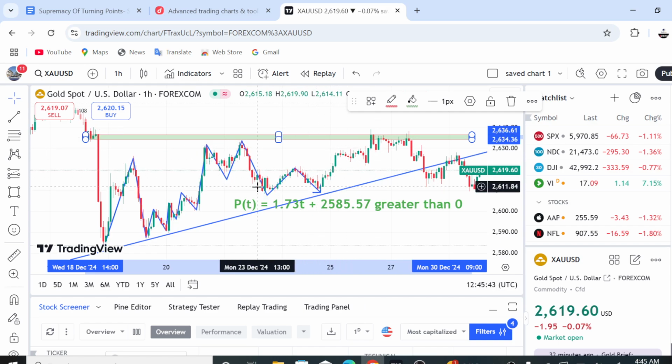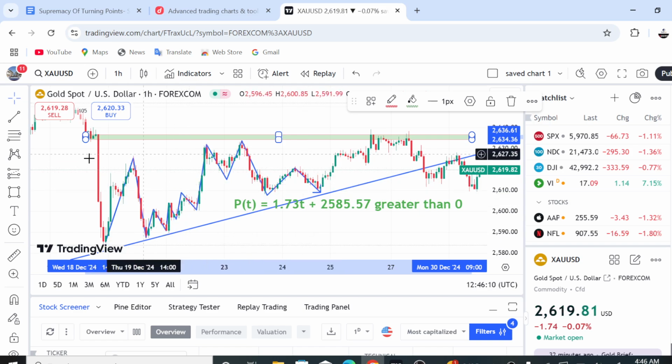Now what I'm trying to say is, since this market failed to take out this low and it created a high, we believe that it will also come back to this supply zone, simply because it failed to create a lower low.